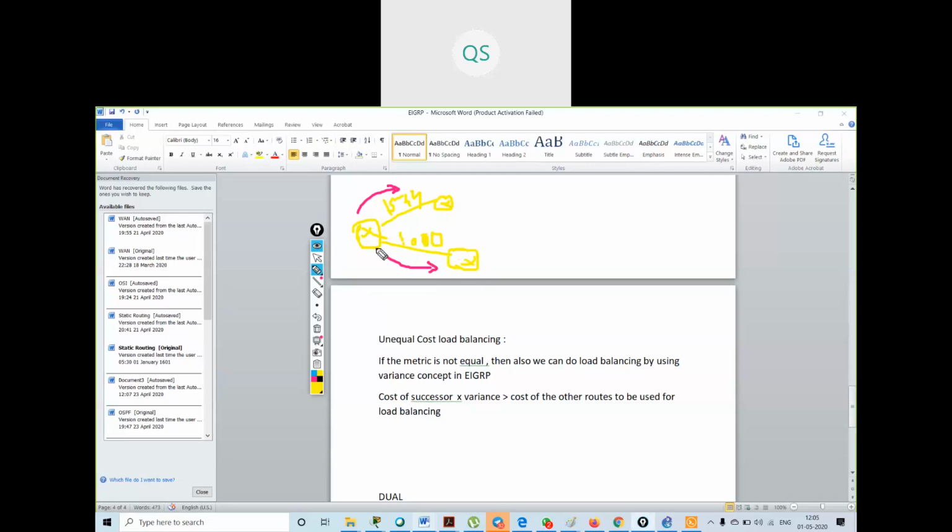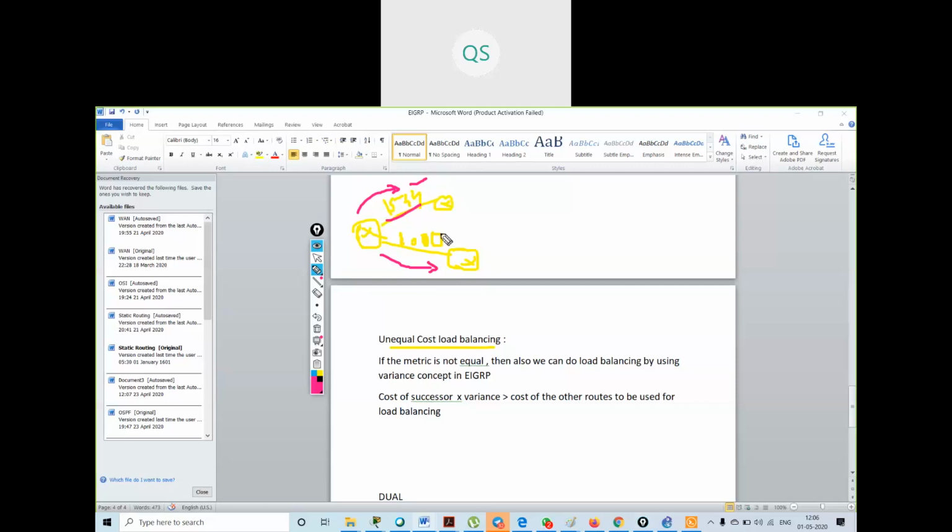Okay. And by default, it will not do unequal cost load balancing. So we have to configure unequal cost. If you want to use unequal cost load balancing, then we have to configure it manually. So by default, it will select this path only as per the calculation.